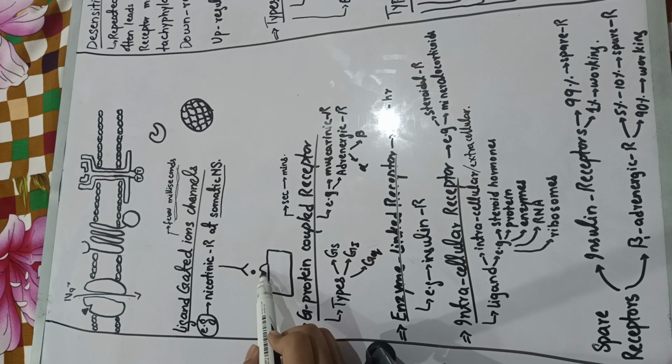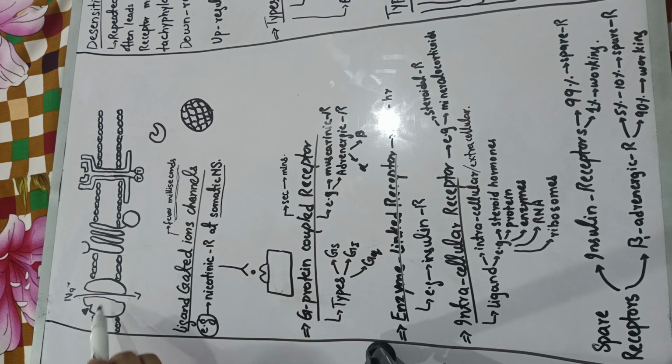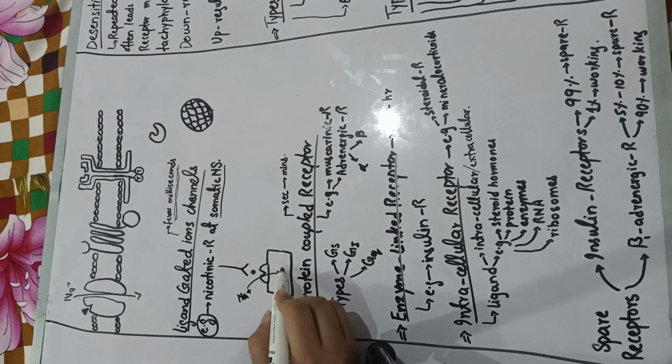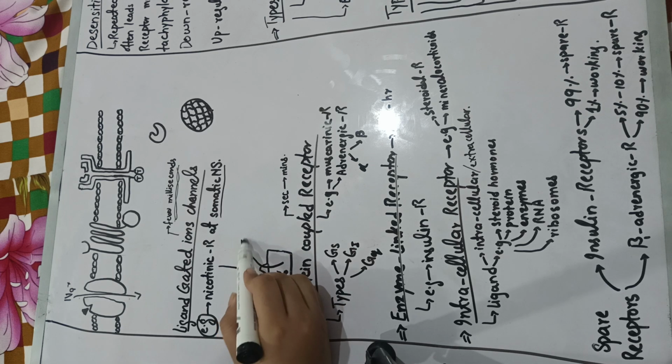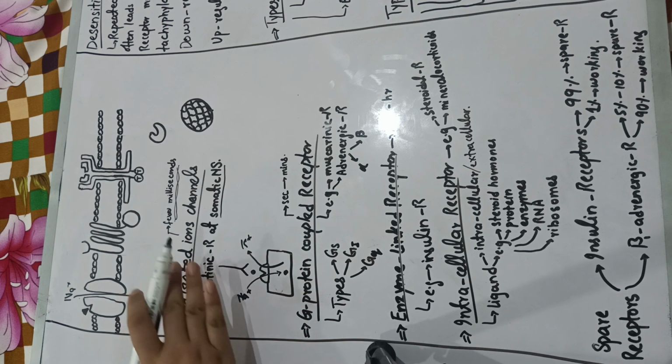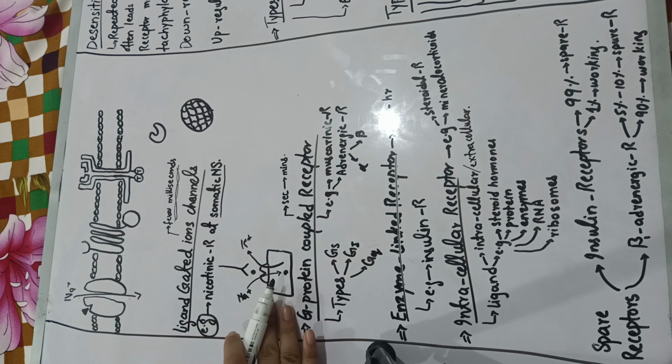This acetylcholine binds with this nicotinic receptor and causes sodium influx. So this receptor will cause the diffusion of sodium inside. The sodium will move inside and the potassium will move outside. Due to this movement, your muscle is going to contract. So these are the ligand gated channels which are present in your skeletal muscle and are responsible for the contraction of your muscle.